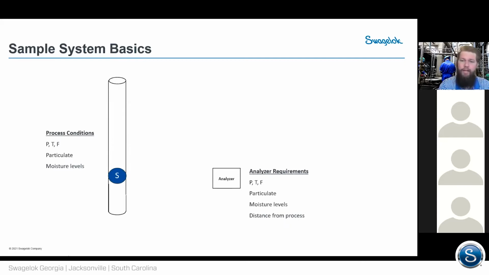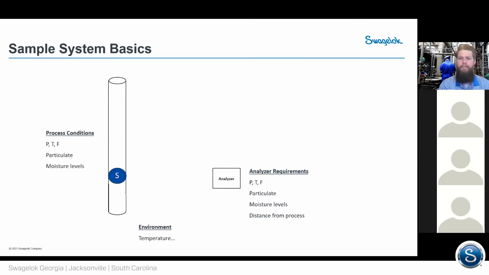We're also going to have an analyzer that has its own particular process requirements. It can only take certain pressures, temperatures, and flows, usually not really high particulate levels, if any, usually no moisture, and we really need to make sure that it's close, but not too close to the process, right? We have some kind of constraint around that.